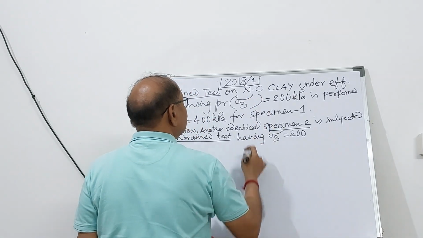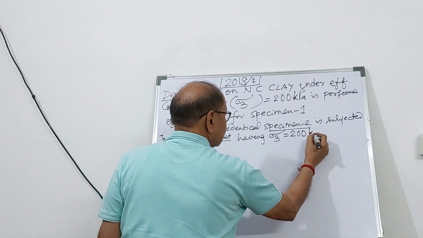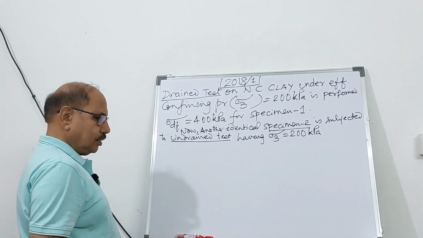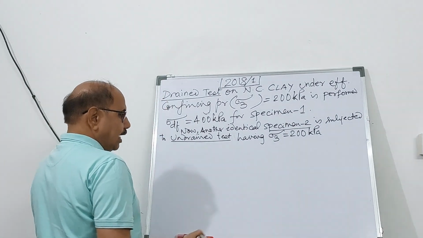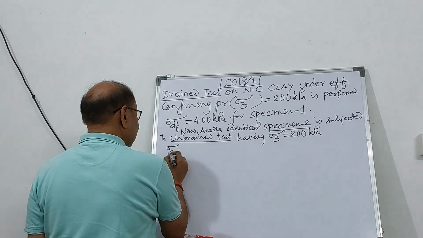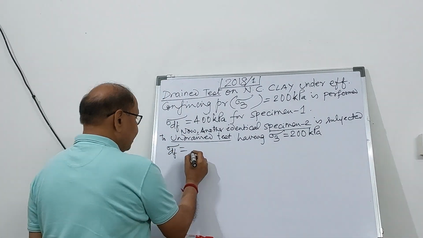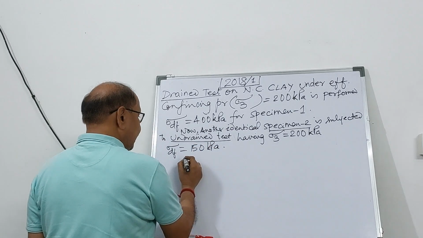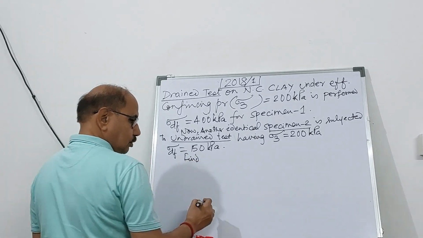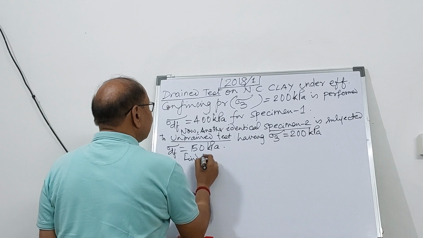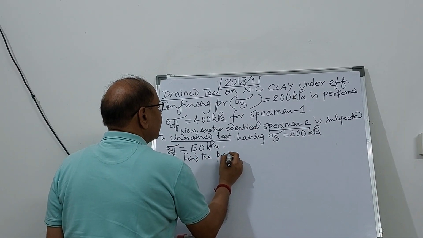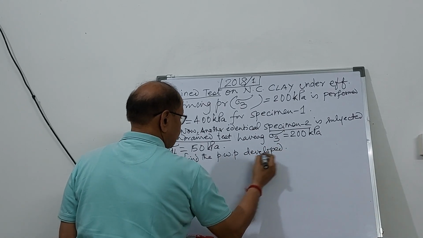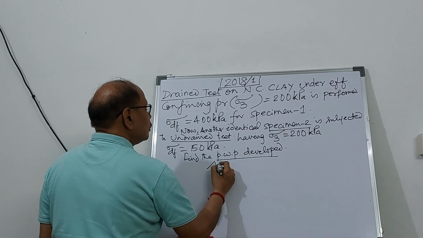Here the pore water pressure we have not deducted. Okay. Sigma 3 is given to you as 200 kPa, and sigma d at failure is given to you as 150 kPa. Find the pore water pressure developed. Easily you can do this problem.